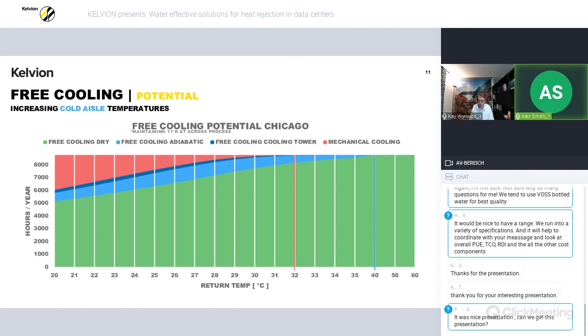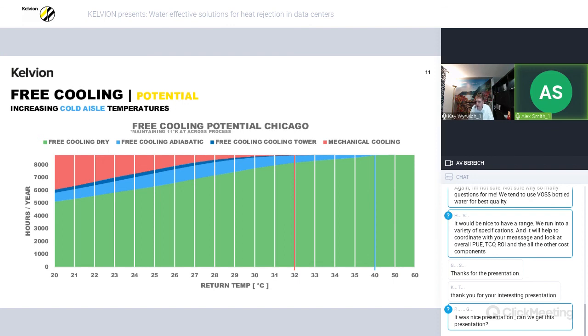So I can't give you a specific recommendation. I don't design data centers, I'm not a data center architect, but from a heat exchanger point of view, the higher your temperature profile can be, the more efficient your heat rejection will be. I hope that answers that.